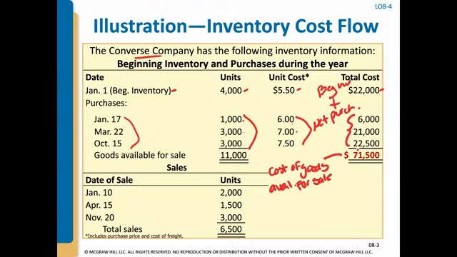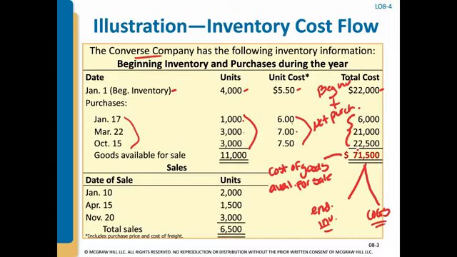And what we're going to figure out is how much of that 71,500 will be allocated into ending inventory versus the cost of goods sold amount, in this video, using the weighted average method.